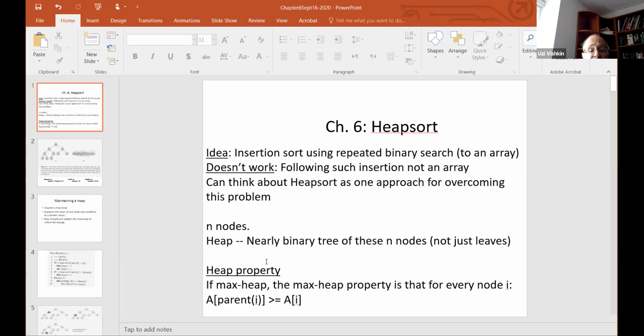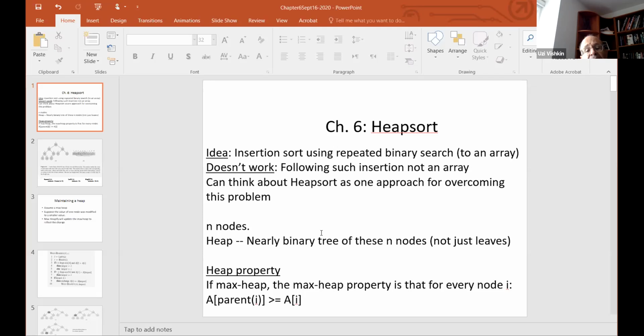Okay, so I'm going now to describe the notion of a heap and heap sort, and after we do that, we will see how a sorting approach falls into place. Okay, so basically, what is a heap?